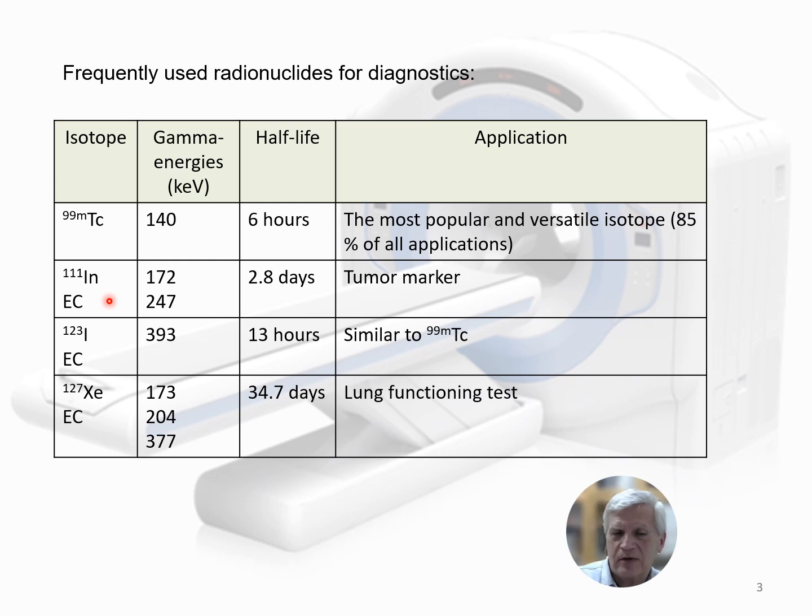When electron capture occurs as a radioactive decay, this is one type of the beta decay you may remember, then an electron is captured from the innermost shell of the atom. Then you have a vacancy on the K shell. When this vacancy is filled from another electron shell, then you have a characteristic X-ray emitted.